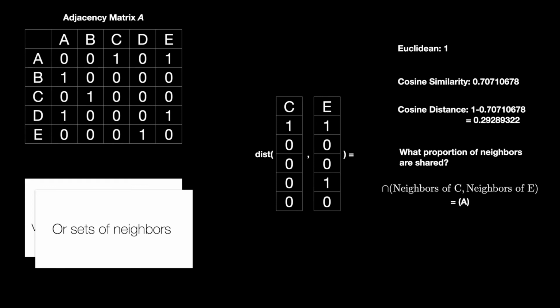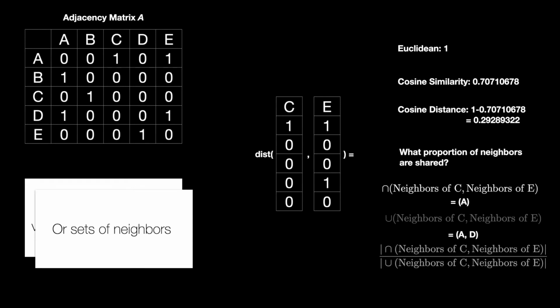Both of them share the neighbor A, so there's only one neighbor in common between them. We want to normalize that count by the number of possible neighbors that they could have. So we take the union of all neighbors of columns C and E. That's really A and D, because those are the only two nodes that are connected to C and E. Then we take the ratio between these two values, and we get 1/2.